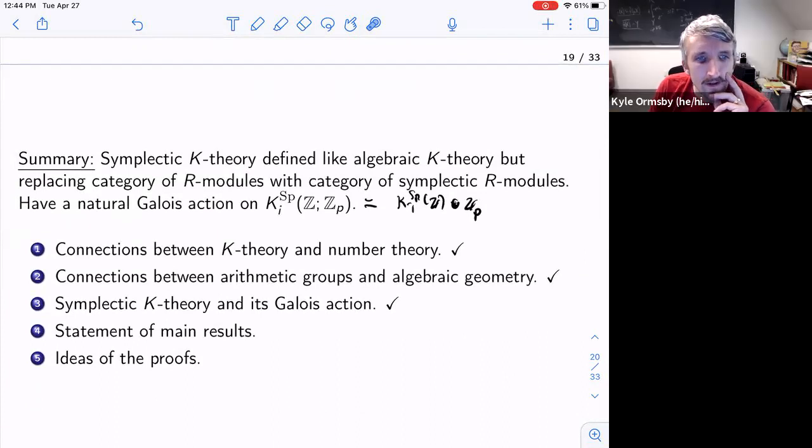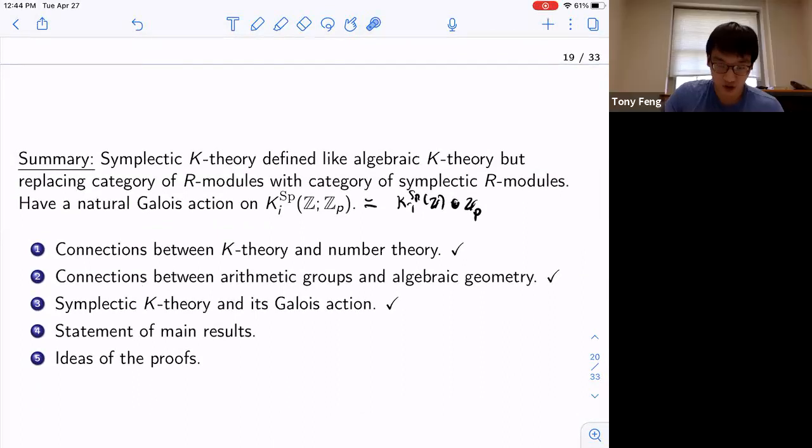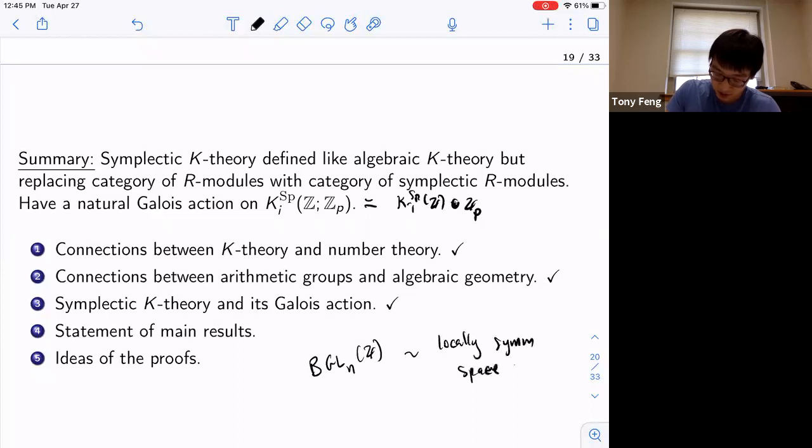Is there an analog of this for standard K-theory instead of symplectic? And if so, what would the moduli problem be? A good question. This will come up later, but no, there is not an analog. If you look at these classifying spaces of BGL_N(Z), there's something analogous, which is a locally symmetric space for GL_N.